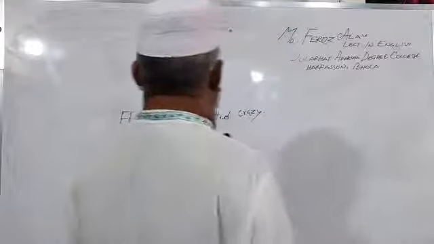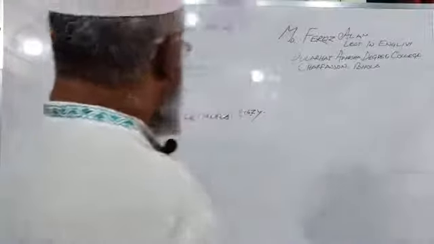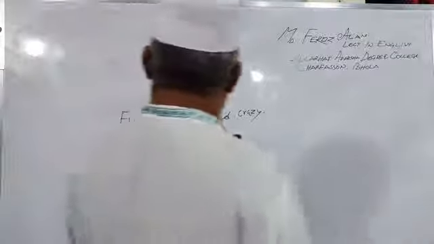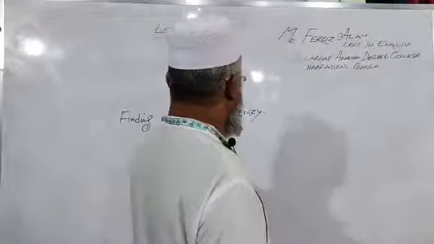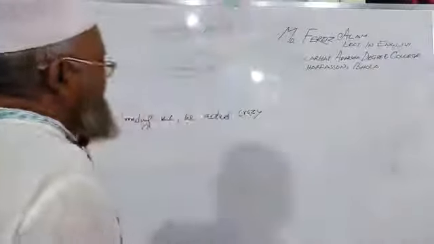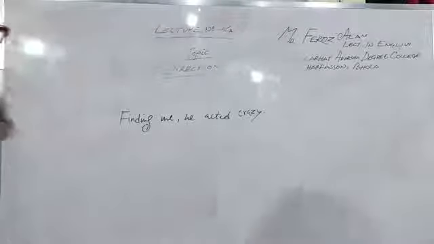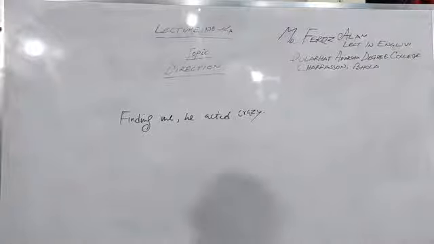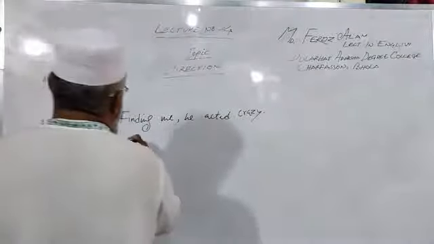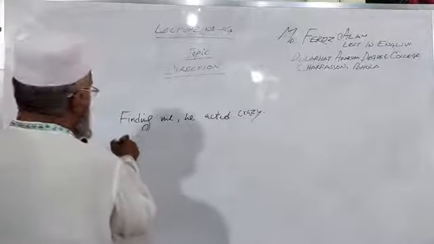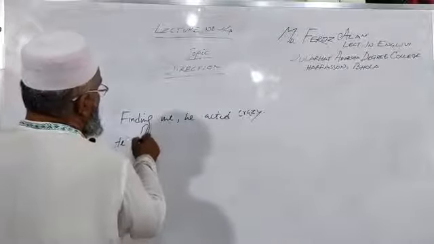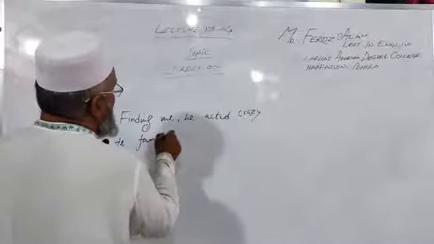Here we find one clause, and finding is non-finite, and acted is finite. Here at first you have to emphasis on the making of clause, and that is he found me.